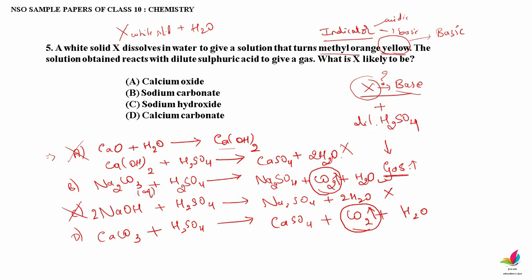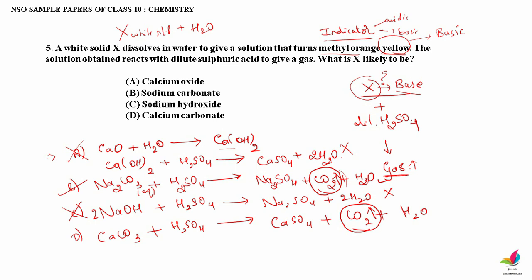So in both the cases carbon dioxide gas will be evolved because both are almost similar kinds of reaction. So which is our answer then? Both B and D are not given together here, right? All are given separately. So obviously one should be the answer, either sodium carbonate or calcium carbonate. Which one is the correct answer? If you see carefully, the ease with which carbon dioxide is evolved is more in case of sodium carbonate rather than calcium carbonate, okay?